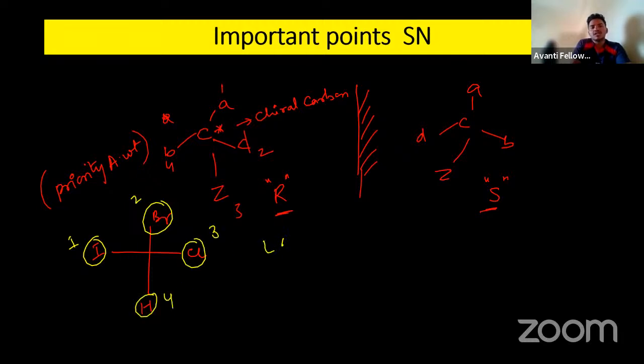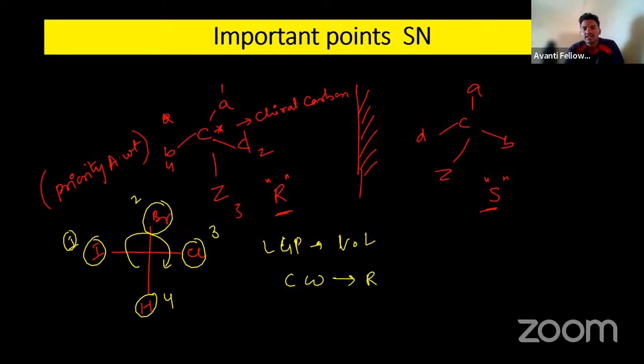Now the lowest priority group is present on the vertical line. You see 1, 2, 3, so the rotation will be like this, 1, 2, 3. Then we call it a clockwise rotation. Whenever there is a clockwise rotation, it always favors R configuration.